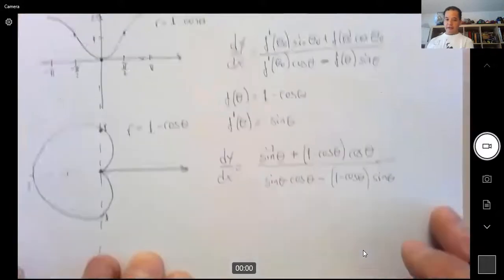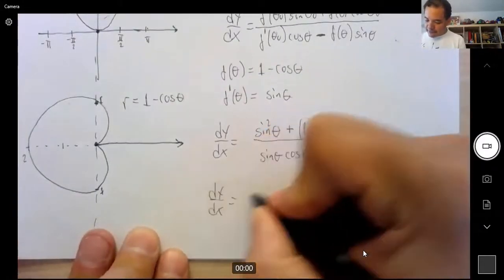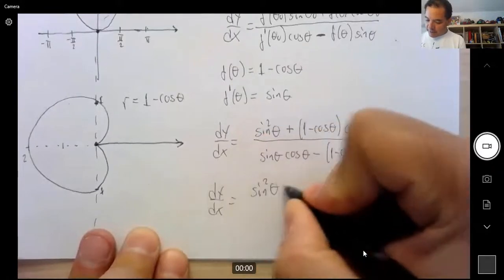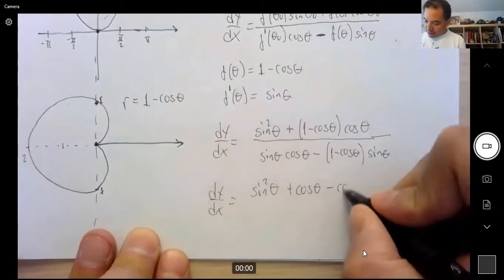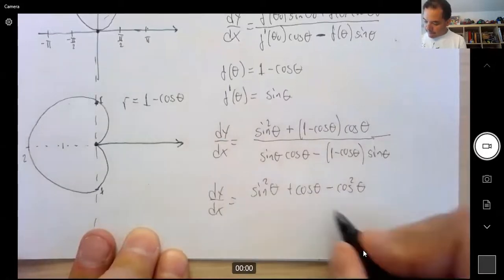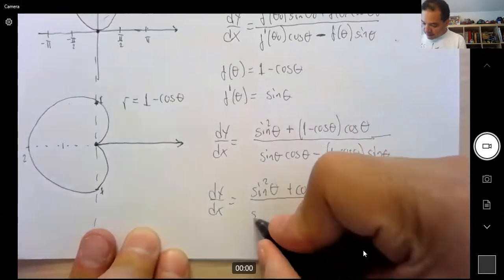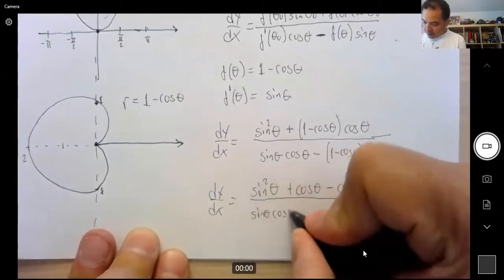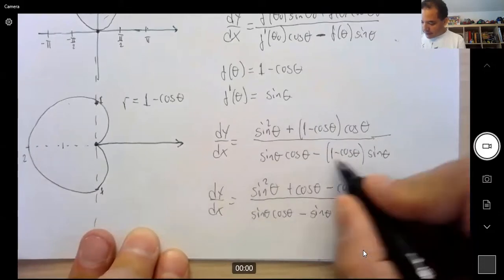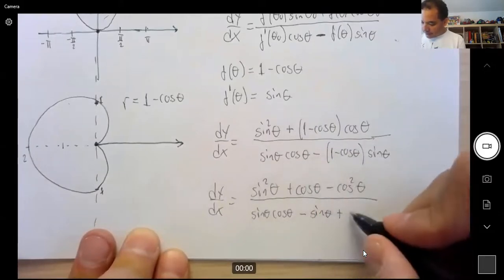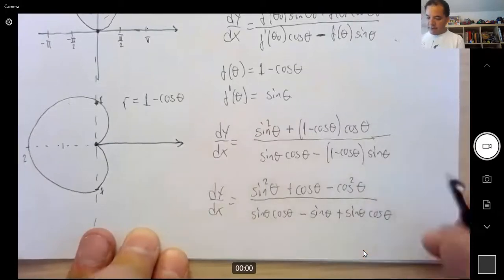All right, let's simplify it. This will be sine squared plus cosine minus cosine squared, divided by sine times cosine minus sine plus sine times cosine. Right?